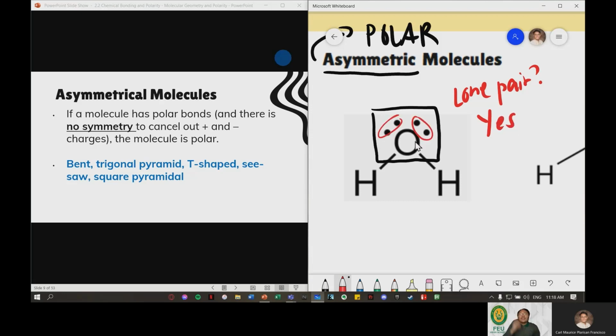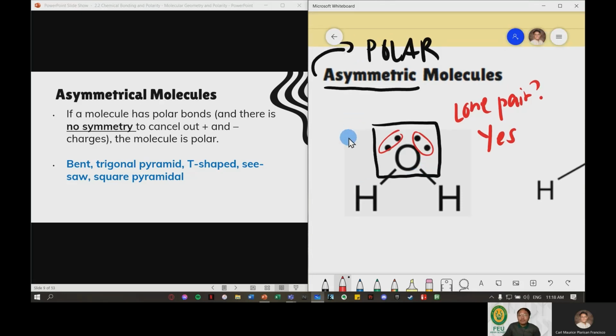Now, the moment that you see that the central atom has lone pair, your answer would be asymmetric polar. Even if your terminal atoms are the same, it doesn't matter. This is all or nothing.